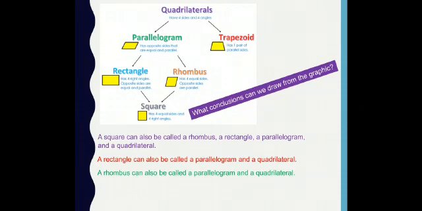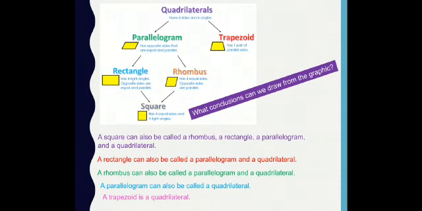A rhombus can also be a parallelogram and a quadrilateral because a rhombus is having four sides, so it is a quadrilateral, and in a rhombus opposite sides are equal and parallel, so it becomes a parallelogram. Next, a parallelogram can also be a quadrilateral because it is a four-sided figure, and a trapezoid is simply a quadrilateral because it is a four-sided figure.